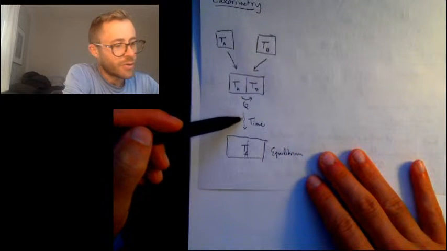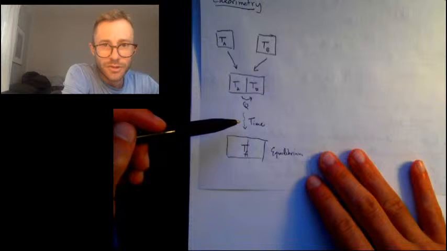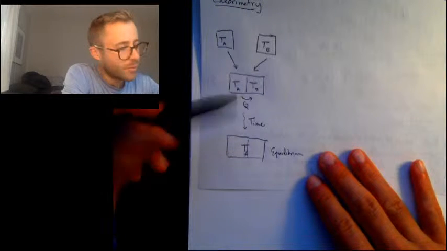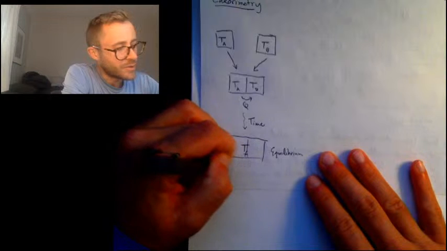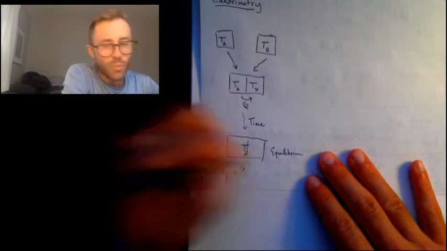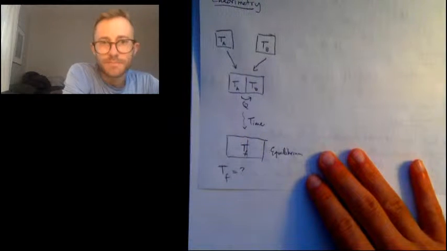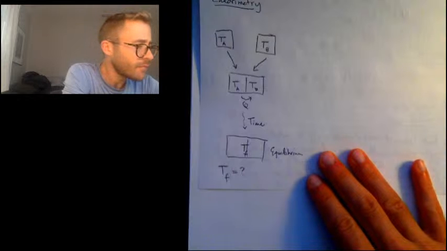Calorimetry says nothing about how long it takes to reach equilibrium, but it allows you to calculate what that final temperature will be.